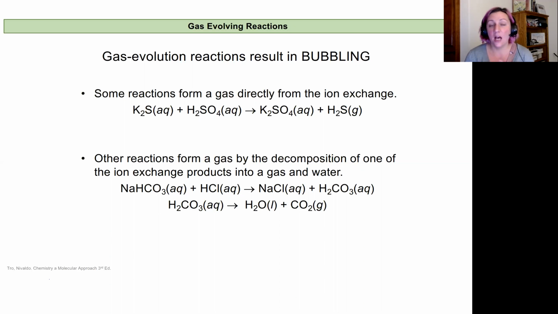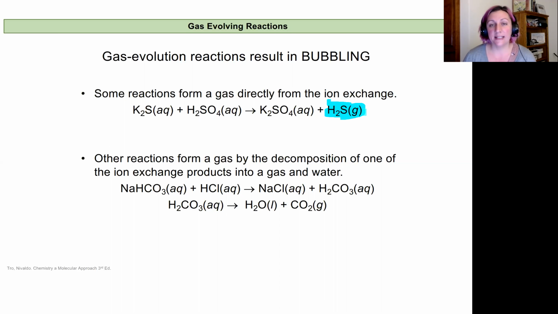So some gas evolving reactions will happen because of an ion exchange that takes place. We've got an example here of potassium sulfide and sulfuric acid, where we form potassium sulfate and hydrogen sulfide. And that hydrogen sulfide is a gas.